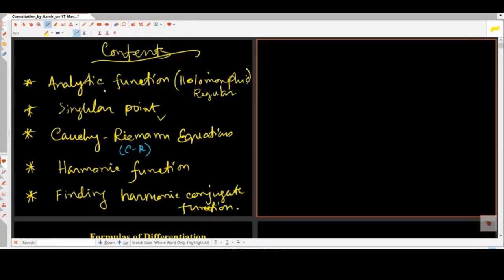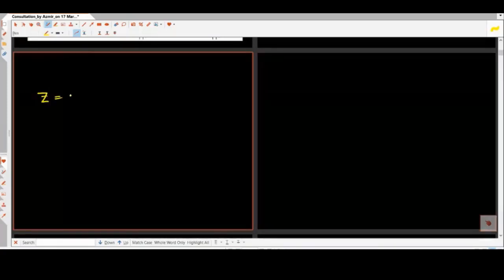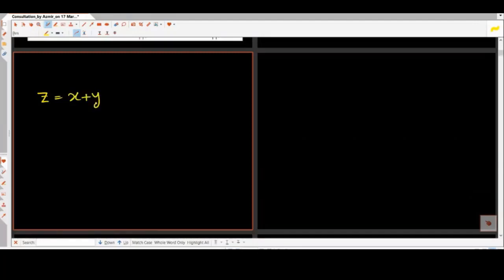So before talking about analytic function, we have to know about complex valued function. We know that a complex number can be written in 2 forms, rectangular and polar. The rectangular form is z equals x plus yi, and the polar form is z equals r e to the power i theta. We also know that any complex number can be thought of as a point.